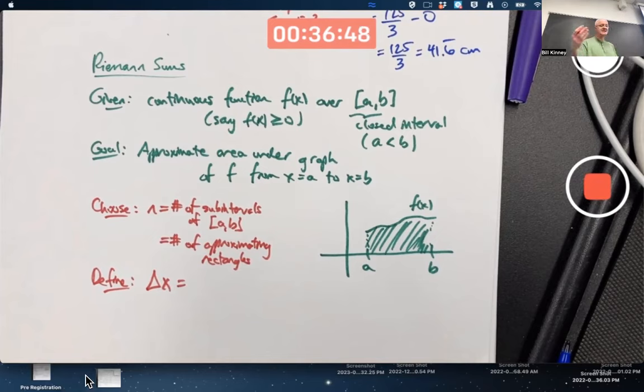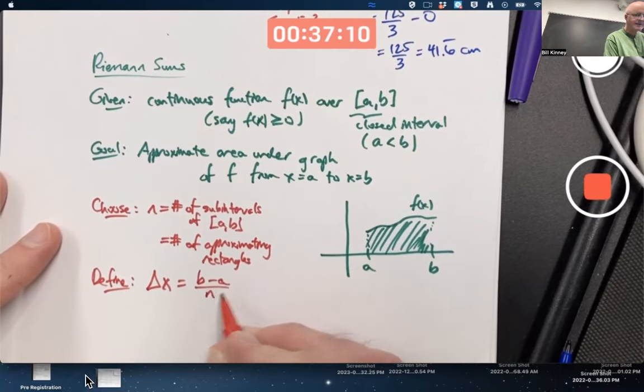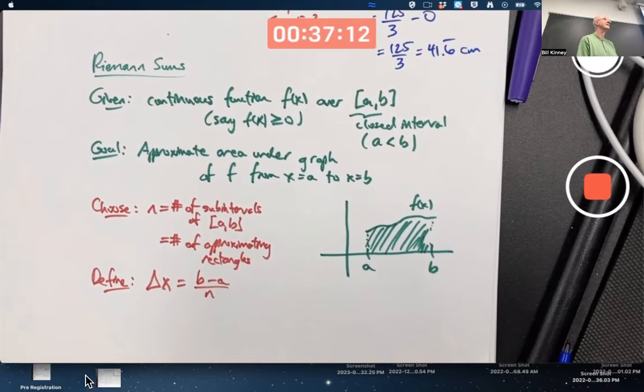If a is 1 and b is 21, the length of that interval is 20, and you want 100 rectangles, they're all going to have width 20 divided by 100, 0.2. b minus a is the length of the interval, and n is the number of rectangles. Do a division. Delta x is (b minus a) over n.